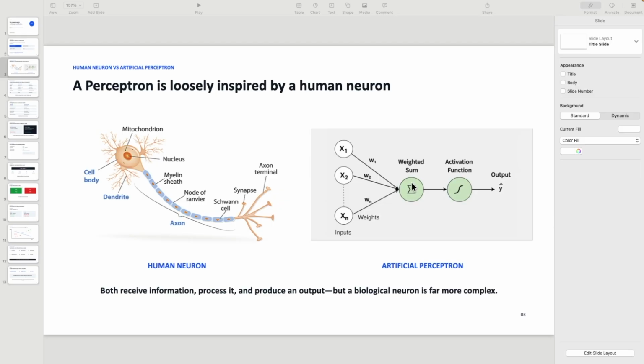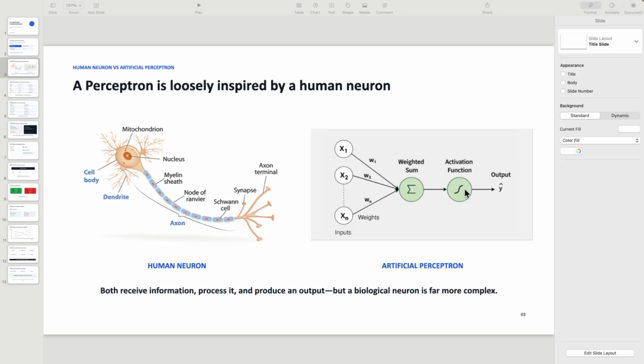The firing mechanism decides whether to activate. It's the same as the activation function.